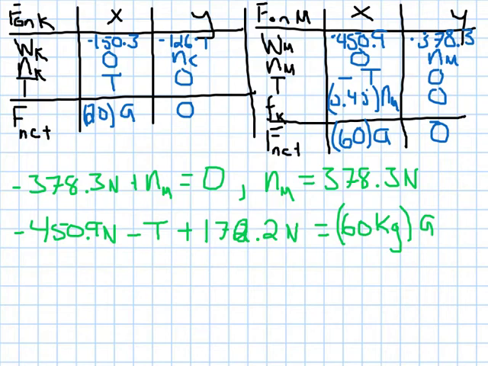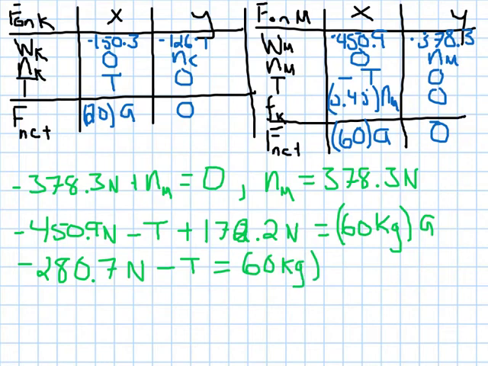So negative 450.9 plus 170.2, that gets me a negative 280.7 newtons minus tension is equal to that 60 kilograms times the acceleration. So I have one more equation that has tension in it, and it's here in the x column of the forces acting on the kid.